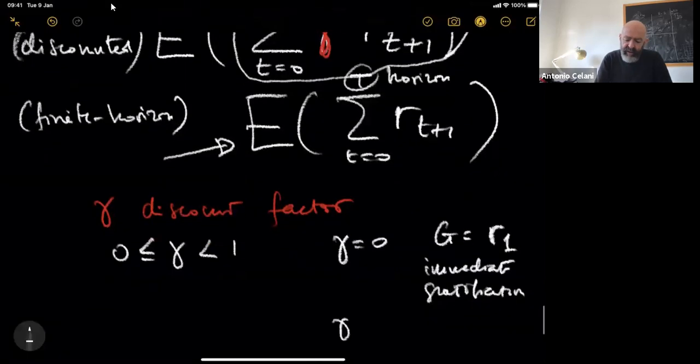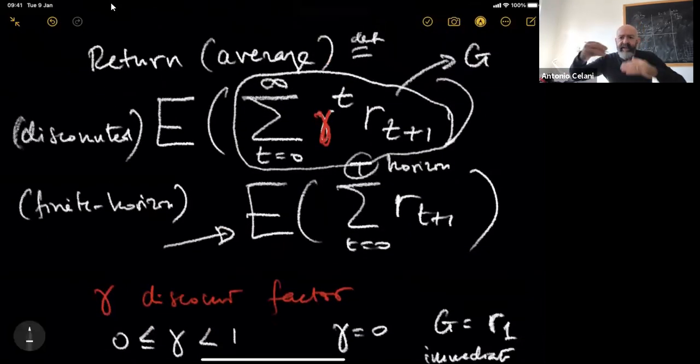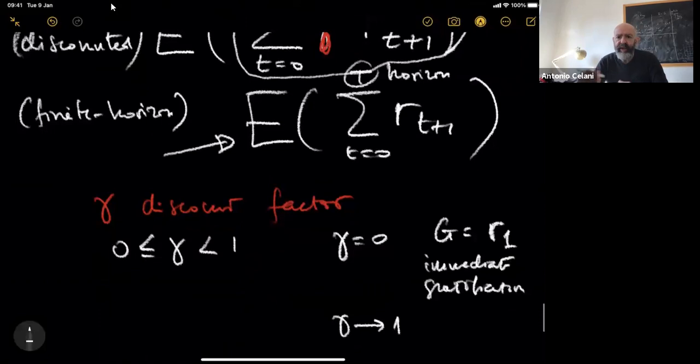On the contrary, when gamma tends to 1, it means that you're taking a sum which has a very, very long contribution from times which are very far in the future. So in this case, it's a situation where you are looking ahead a lot into the future. And this is what makes it a long-term goal.